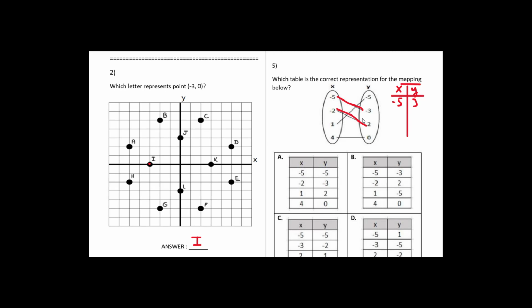The next line would be -2, 2. And the next one would be 1, -5. And the last one would be 4, 0.